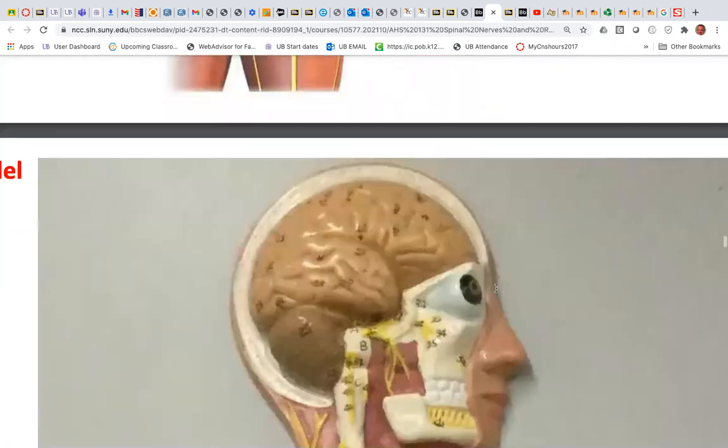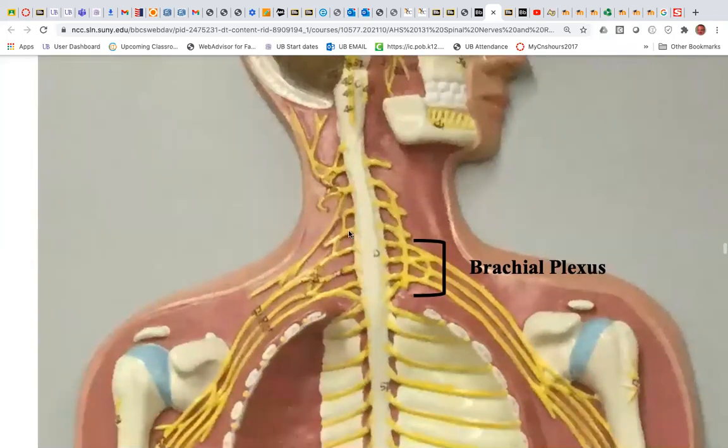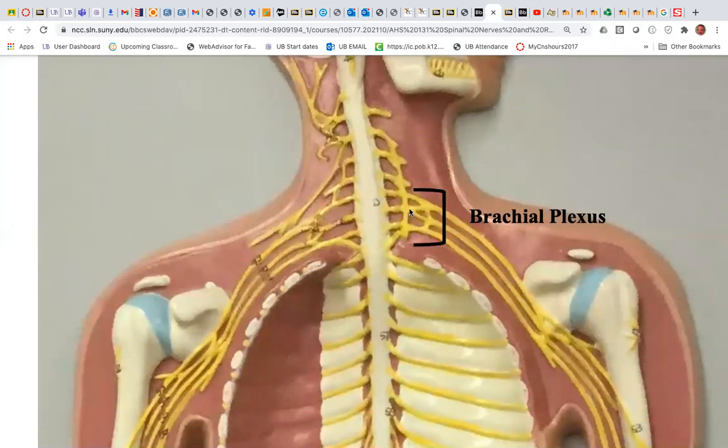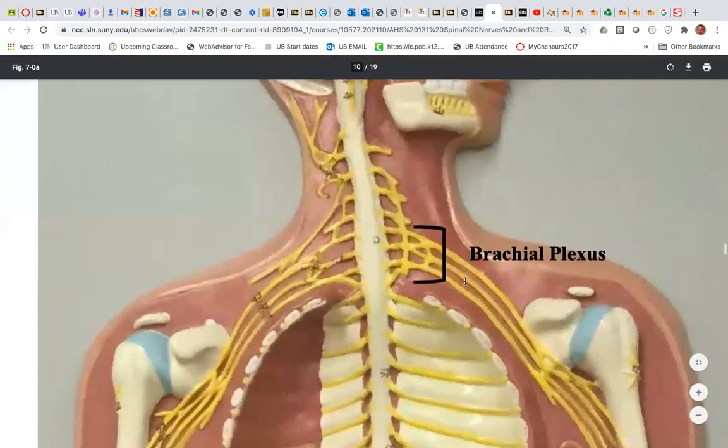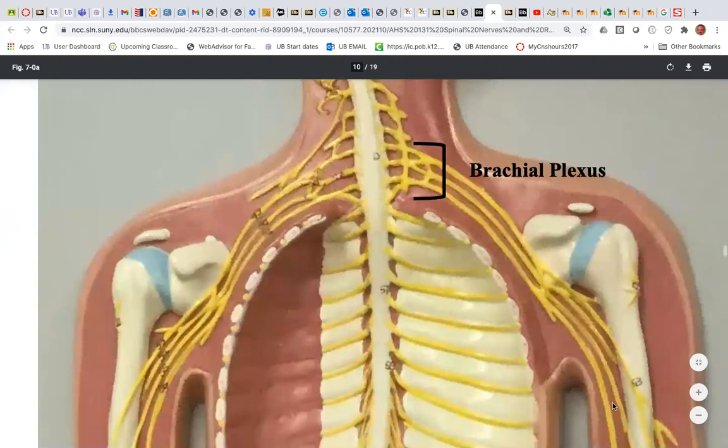Okay. All right, so up here was the cervical plexus. We saw the phrenic nerve. Now we're looking at the brachial plexus. Big difference, right? Cervical plexus goes up, brachial plexus goes down.